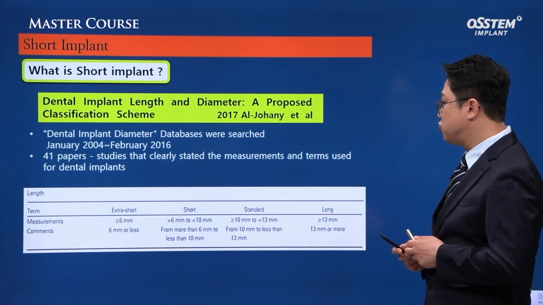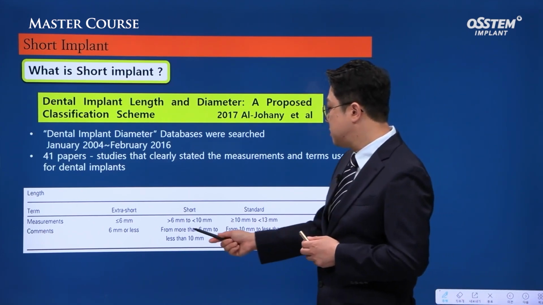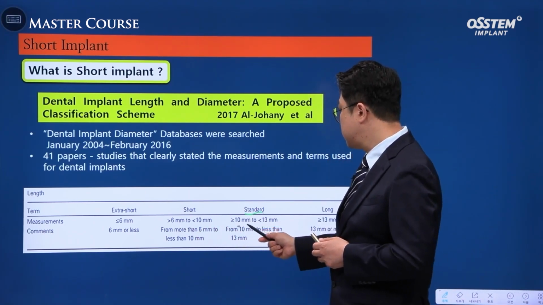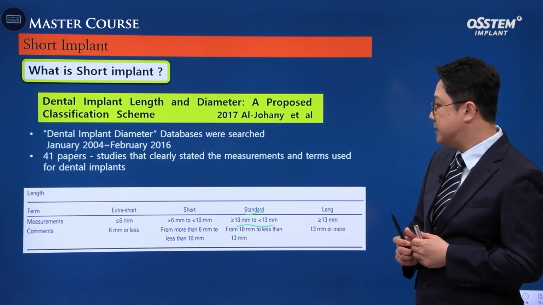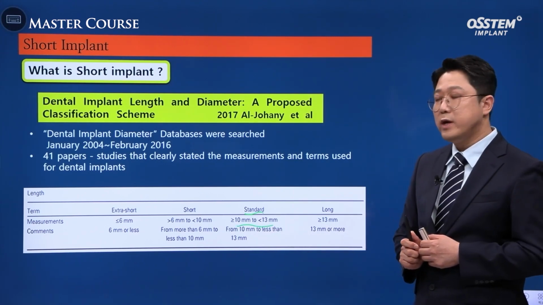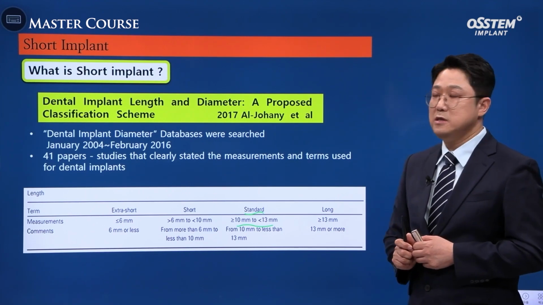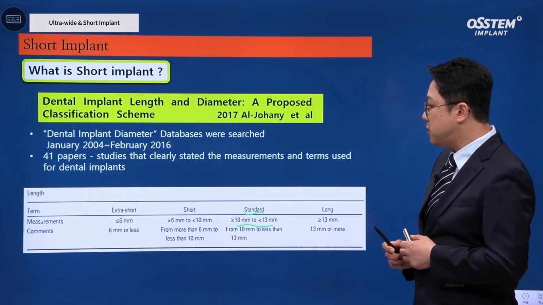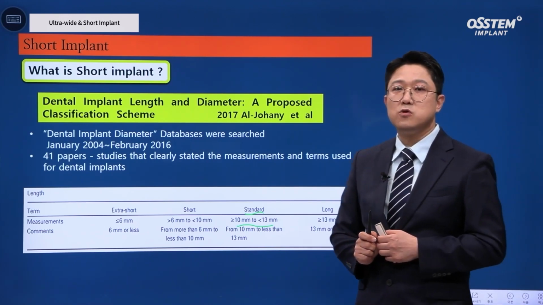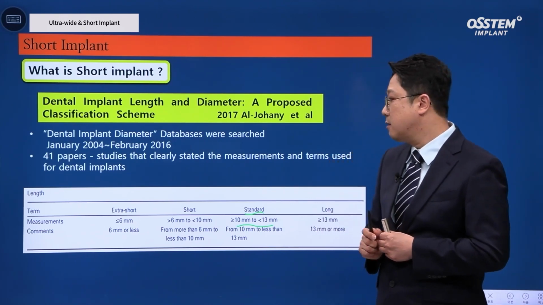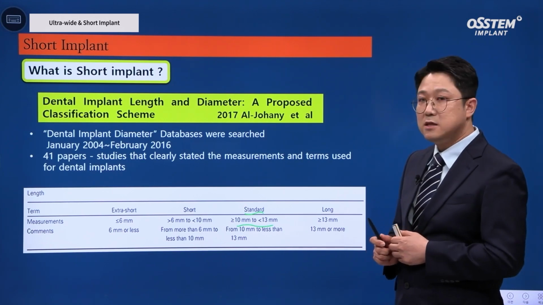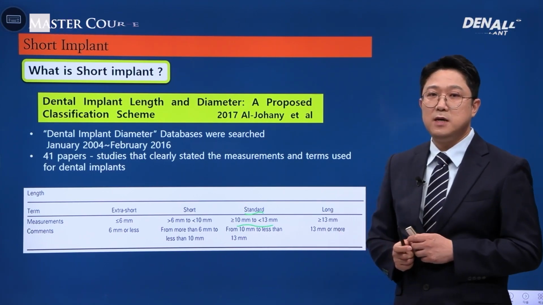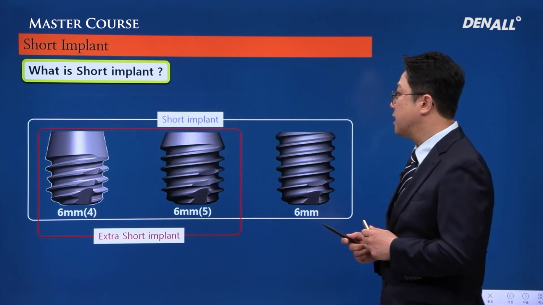In general, the criteria for a standard implant, according to this study, is between 10 to 11 mm. These days, a lot of people regard 8.5 to 11.5 mm implants as standard. A short implant refers to a 6 or 7 mm implant. An extra short implant refers to implants below 6 mm.